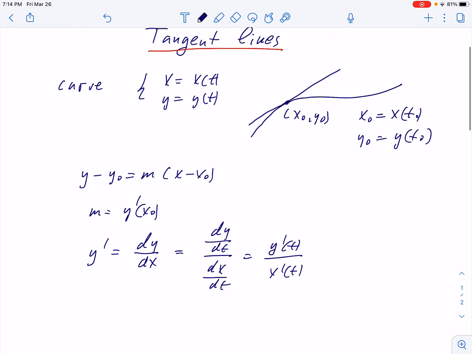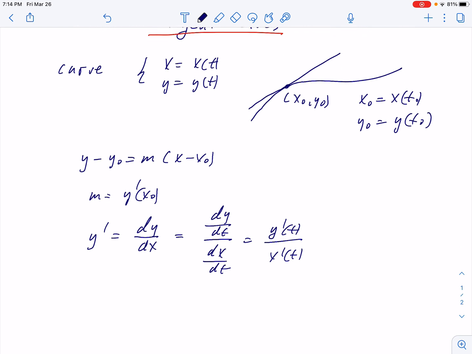So this ratio of derivatives, y prime over x prime, represents the derivative dy dx. And if we want to find the slope at some point x0, y0, we just have to evaluate this for t0. When t equals t0, the slope m will be y prime t0 over x prime t0.